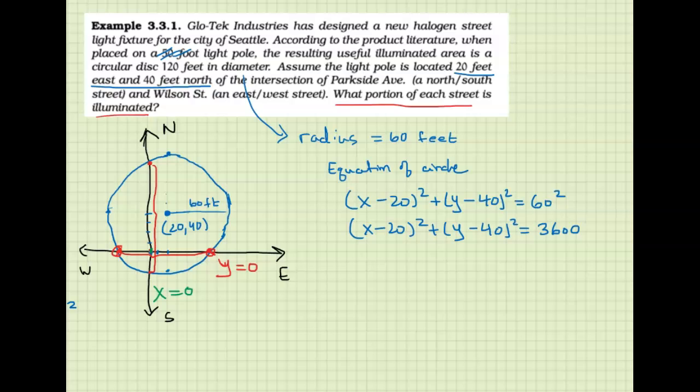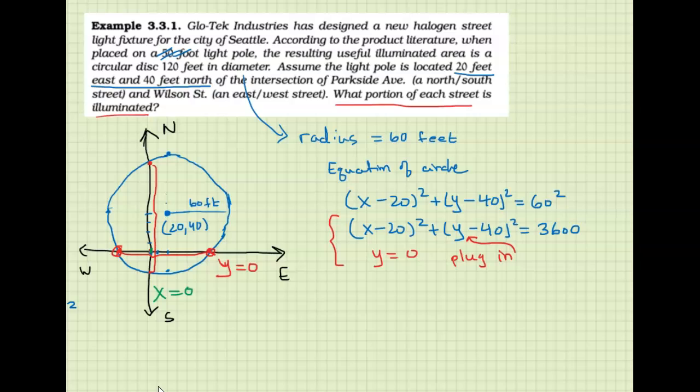Let's find those intersection points, the horizontal line crossing the circle. The horizontal line is y is 0. So you want to plug y is 0 into the equation. When you plug equations into each other, you're finding where they intersect.